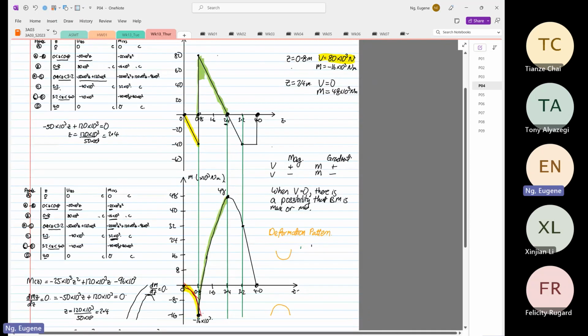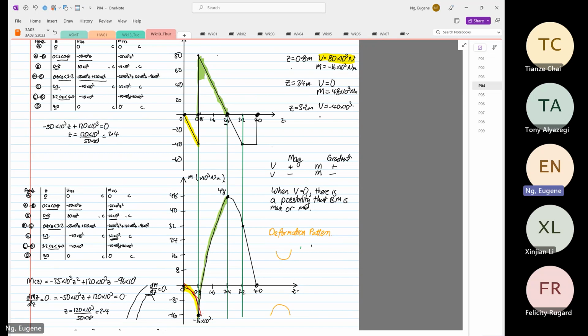And then the third point that we have to check is where z is equal to 3.2 meters. Why? Because our shear force is equal to minus 40 times 10 to the power 3, and our moment is equal to 32 times 10 to the power 3 Newton meter.